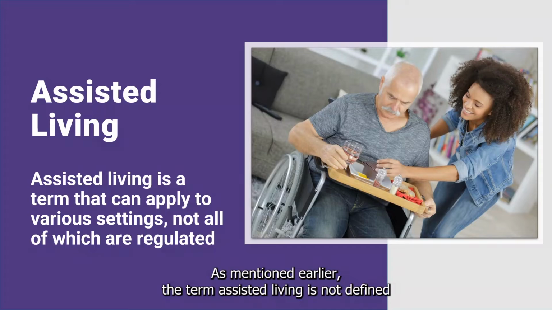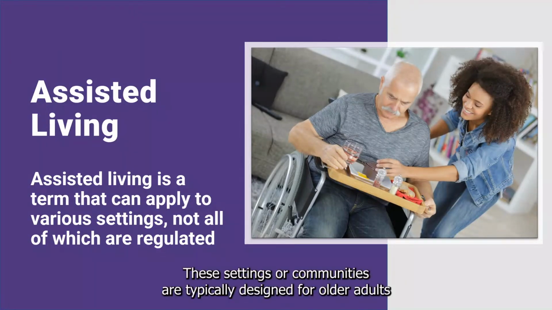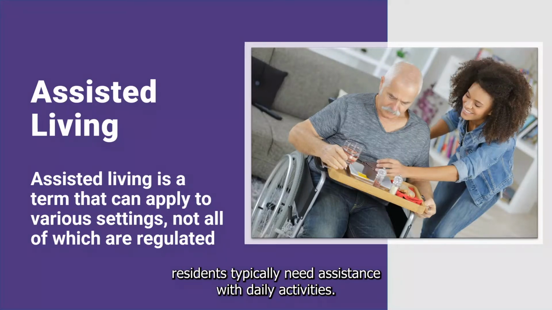As mentioned earlier, the term assisted living is not defined by a Michigan statute or administrative rule. Like independent living settings, these settings or communities are typically designed for older adults who want to live in a communal setting. Unlike independent living residents, however, assisted living residents typically need assistance with daily activities.